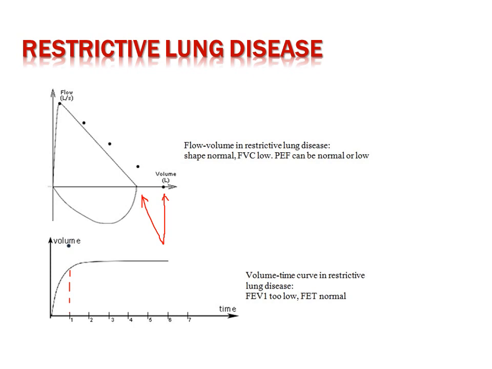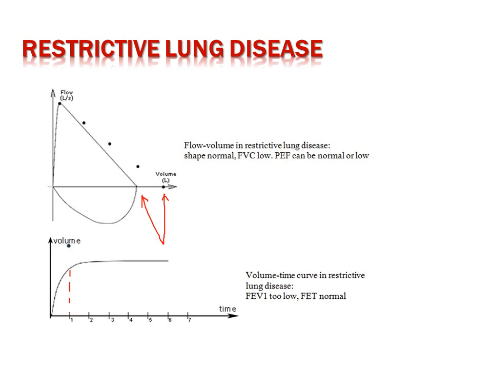Of course, the normal person gets more volume in the first second, but the percentage is the same, 80% for the normal person, and also about 80% of the air can get out from the lung within the first second in restrictive lung disease.